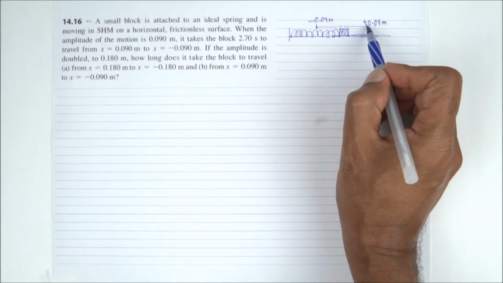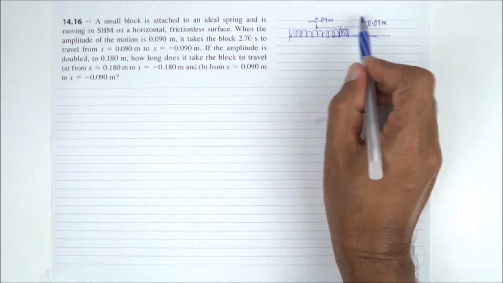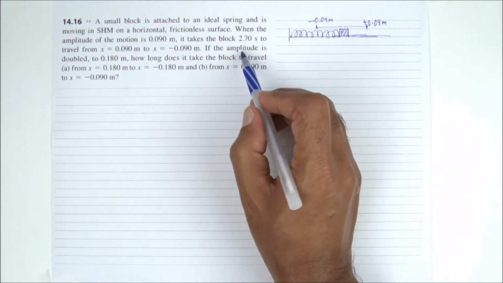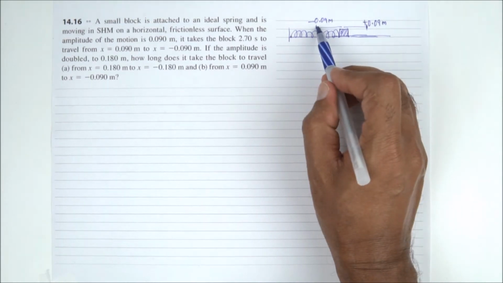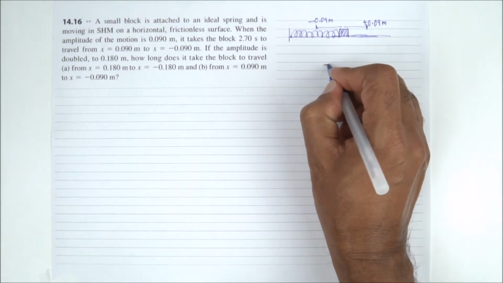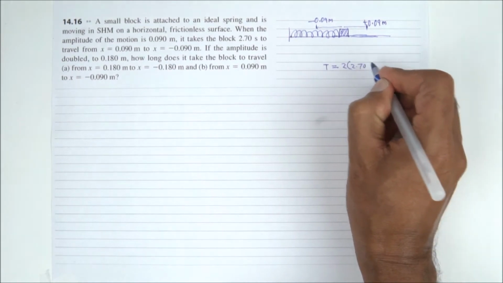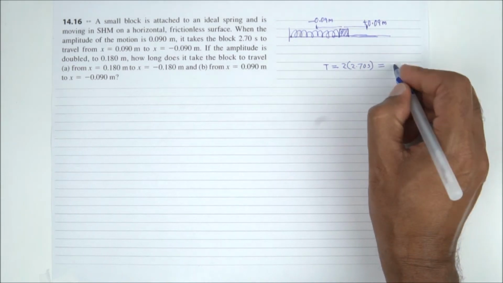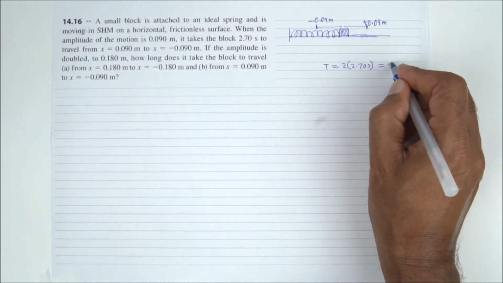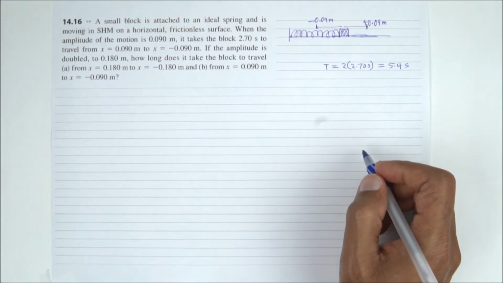So the period would be to go from here to there and back. One complete cycle is the period, but this is only half of it. So you can say that T is 2 times 2.70 seconds, and that is 5.4 seconds. That's the period of oscillation.